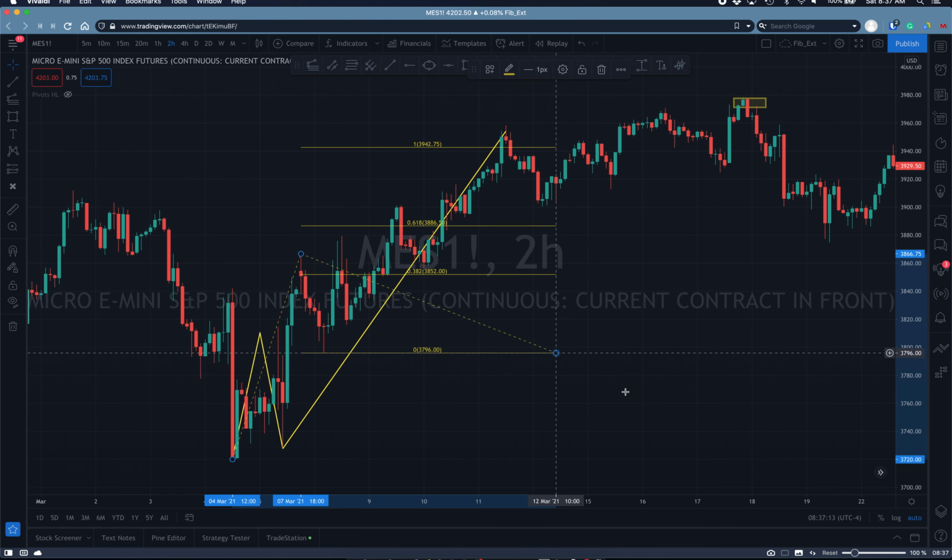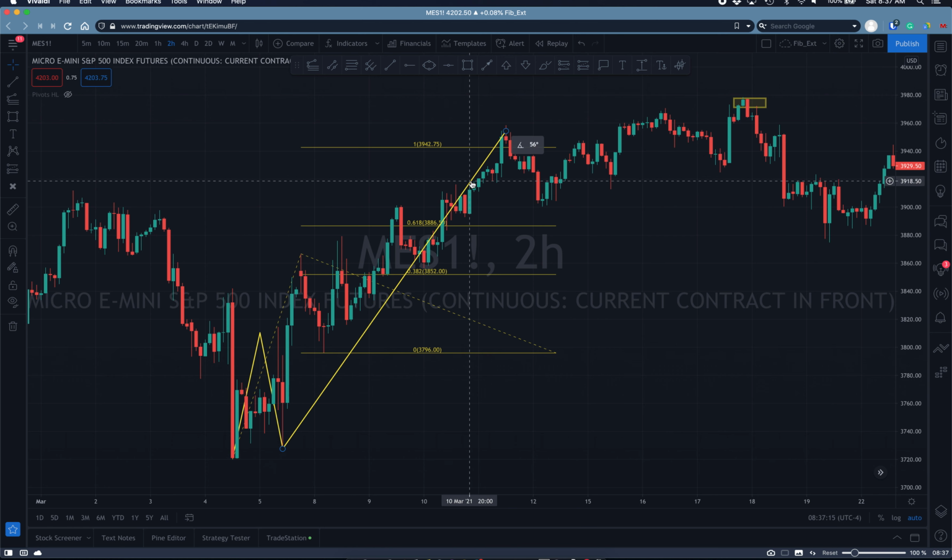There you go. Let me take this line away. Right here, you had the 618 get broken. Price pulled back. And then it was able to go up here to the 1.